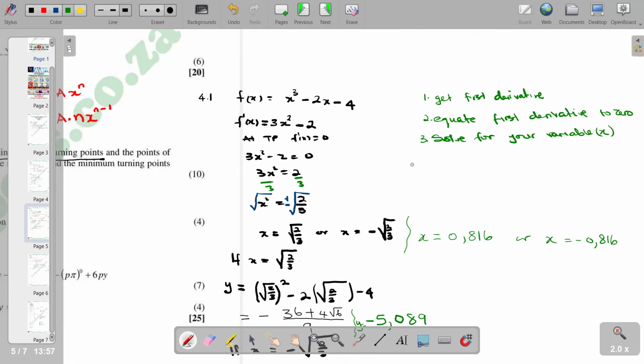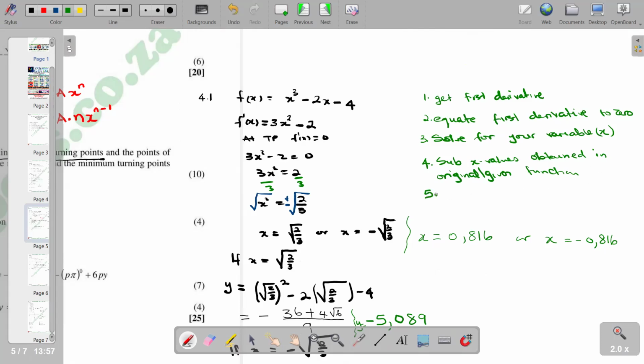Once you get the x values, substitute the x values obtained in the original or given function to get the corresponding y values.